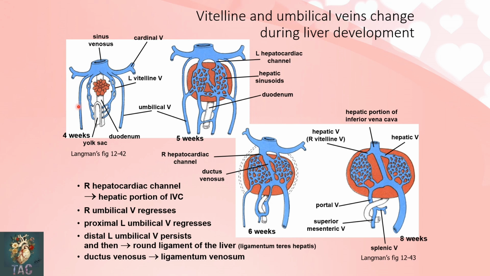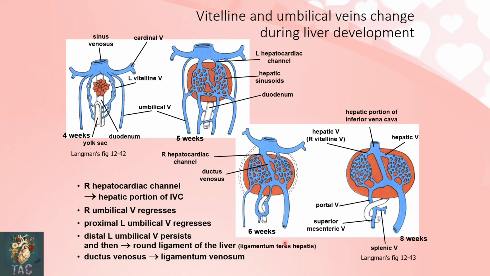Similarly, there are changes in the umbilical veins. Initially, there are two veins, the left umbilical vein and the right umbilical vein. With the development of the heart, the right umbilical vein disappears, and the only passageway carrying blood from the placenta is the left umbilical vein.